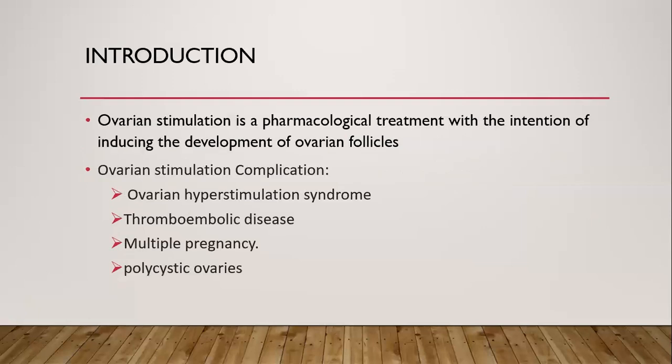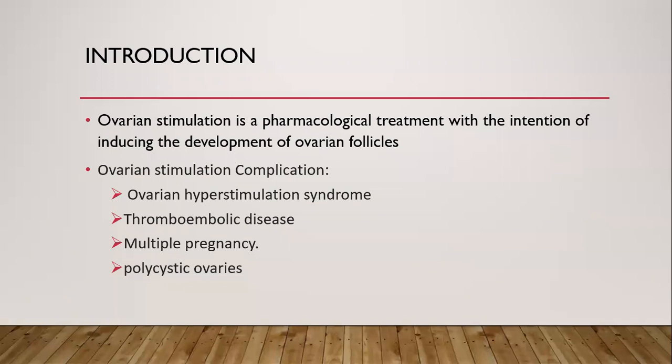By virtue of me introducing the study, we are looking at ovarian stimulation. And by definition, ovarian stimulation is a pharmacological treatment with the intention of inducing the development of ovarian follicles. So you are basically inducing the development of the follicles in the ovaries.